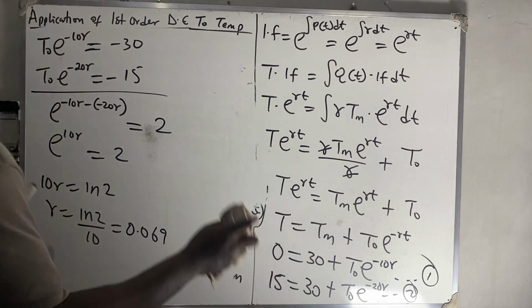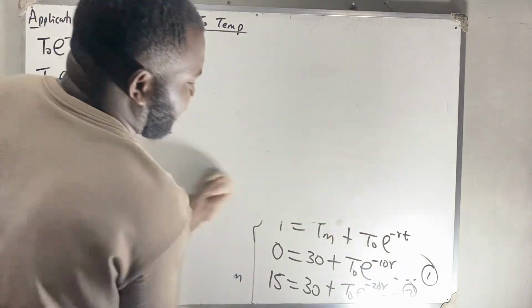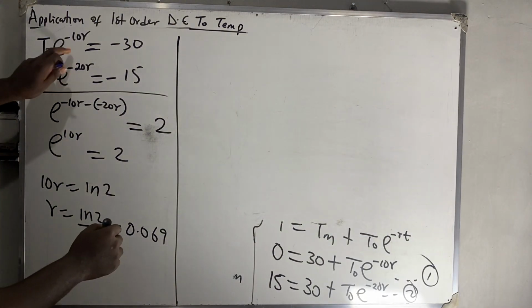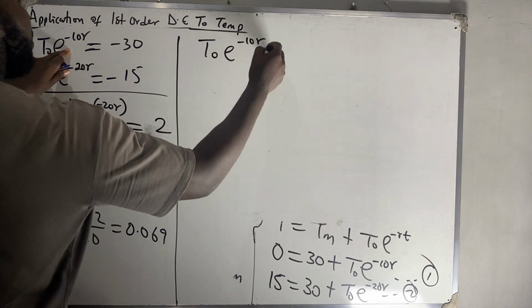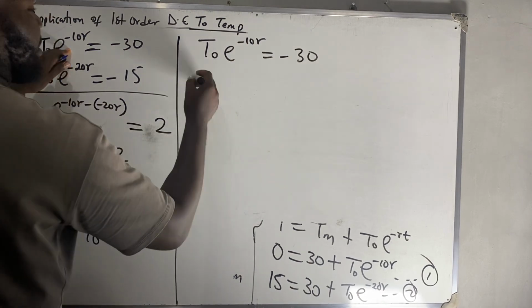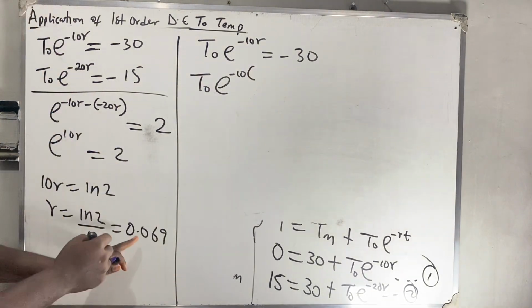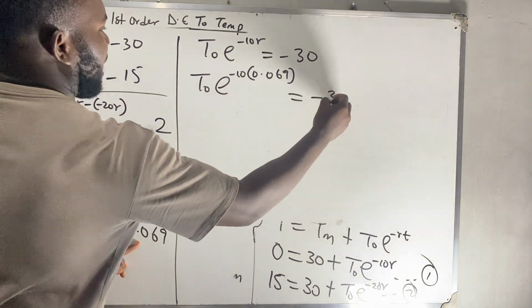Okay, so if my R is 0.069, to find my T naught will now be very easy. We can substitute in any of these equations. Let me substitute here. I know that T naught exponential minus 10R is equal to minus 30. So I'm having that T naught exponential minus 10 times my R, which is 0.069, will now be equal to minus 30.